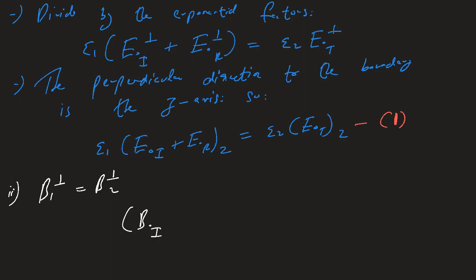So B naught incident plus B naught reflected z is equal to B naught transmitted along z. And this is of course our second condition.